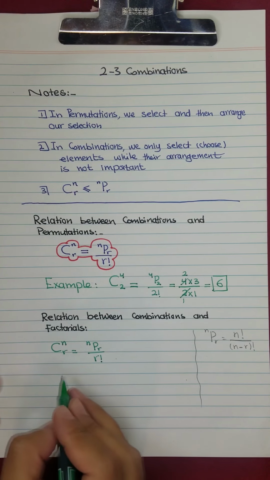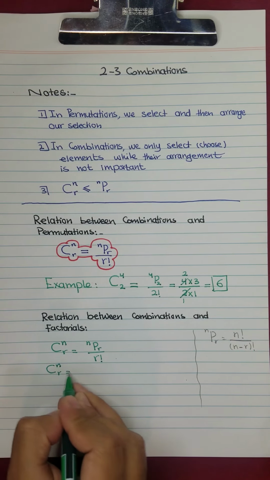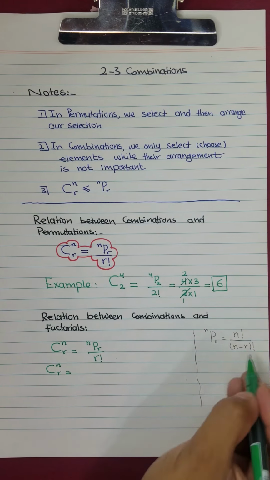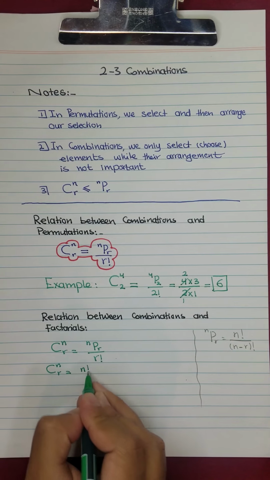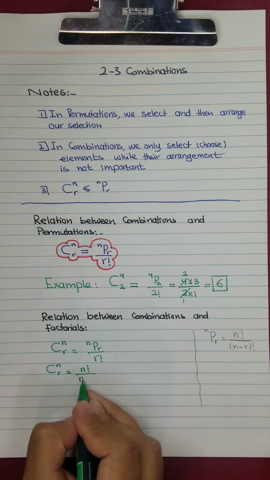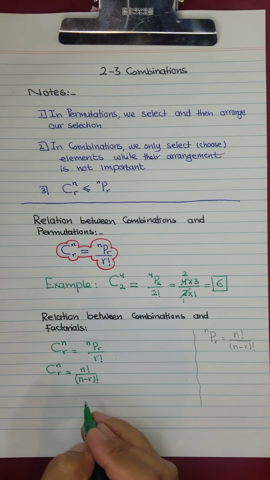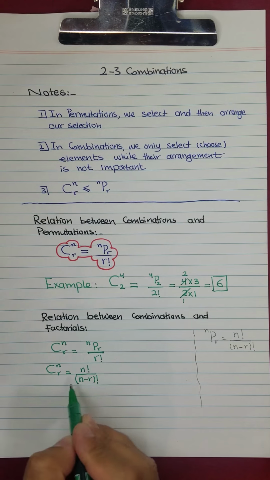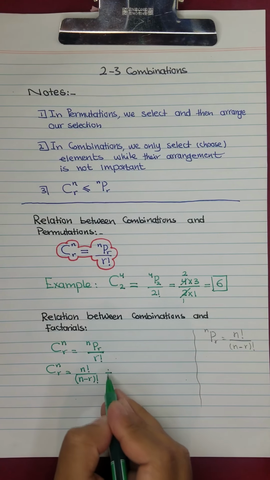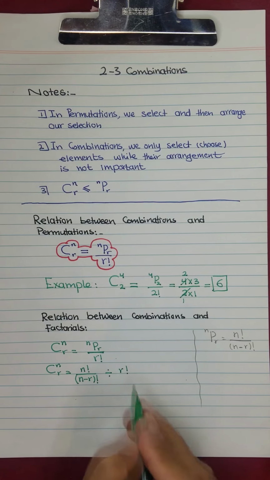So this means that n combination r is equal to n permutation r, which is this rule. So it is n factorial over n minus r factorial. That's the permutation. And then this over, since we don't like an over and over, so we change it into divide. And then we say it's divide r factorial.